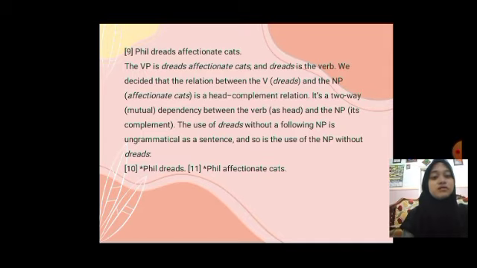It's a two-way mutual dependency between the verb and the noun phrase, its complement. The use of treats without a following noun phrase is ungrammatical as a sentence, and so is the use of the noun phrase without treats. Example: Bill treats, and Bill affectionate cats.